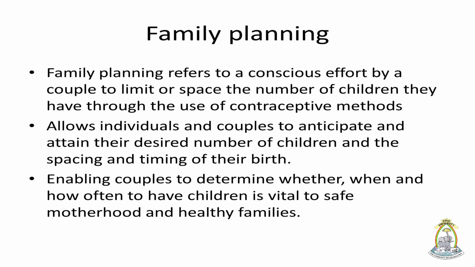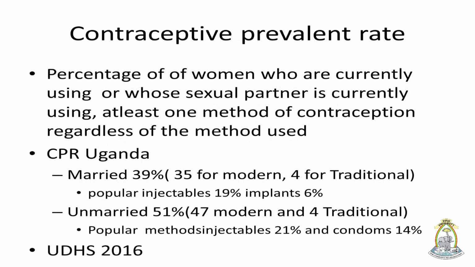This allows individuals and couples to anticipate and attain their desired number of children, and the spacing and timing of their births. This enables couples to determine whether, when, and how often they should have a child. And this is very vital in safe motherhood, because each pregnancy a woman carries is a risk to the mother. It has a risk of dying.